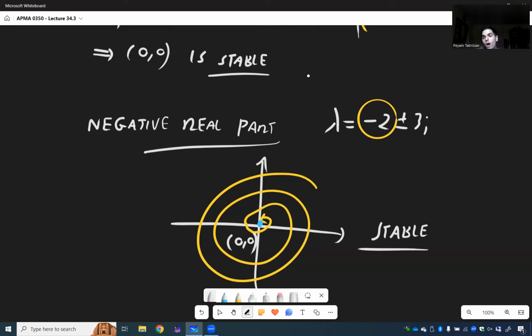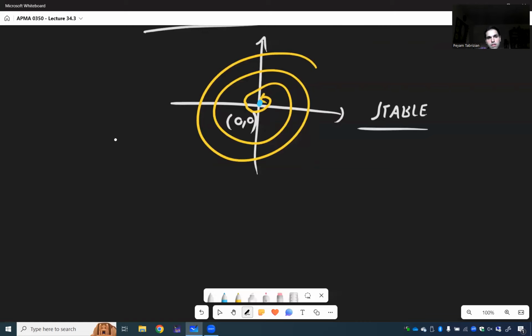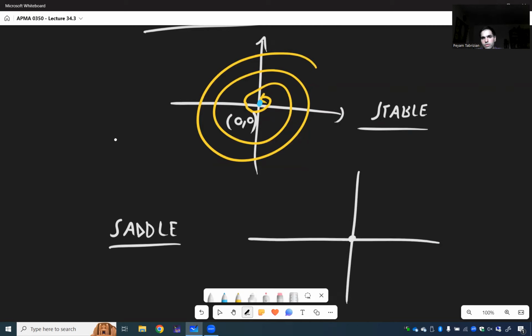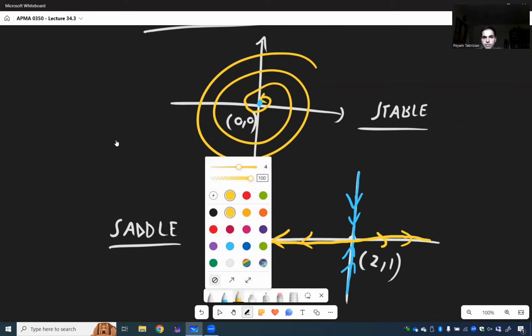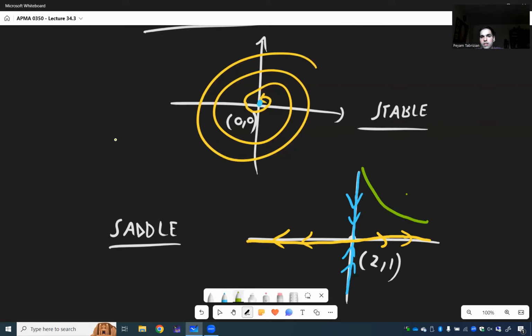Last but not least, what in the world is a saddle? We actually drew this before. So in other words, you might ask, what is going on at (2, 1)? So let's just recenter this, and that is (2, 1). Then, because one eigenvalue is negative, on one side solutions get into it, and because another eigenvalue is positive, solutions move away from the other side. So we do have the picture that we did before.